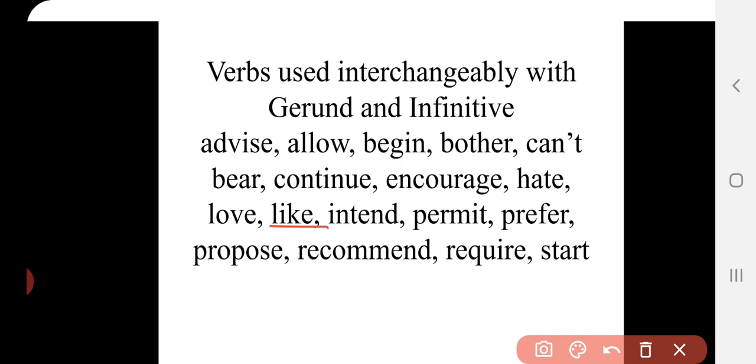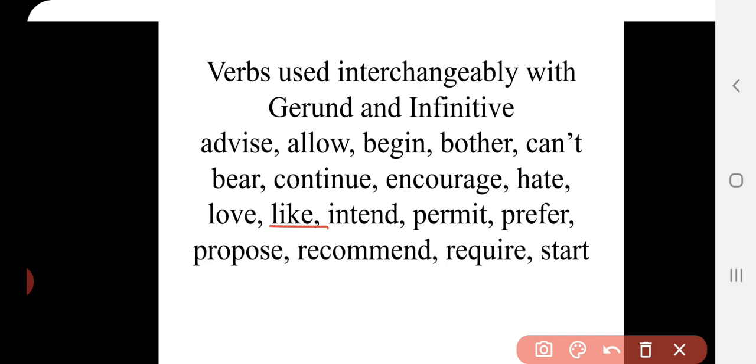I like to paint. I can use both. I can also use the infinitive. I can also use the gerund. I love to walk. I love walking. So these are the verbs you can memorize, to keep in mind that we can use gerund and infinitive with these verbs interchangeably.